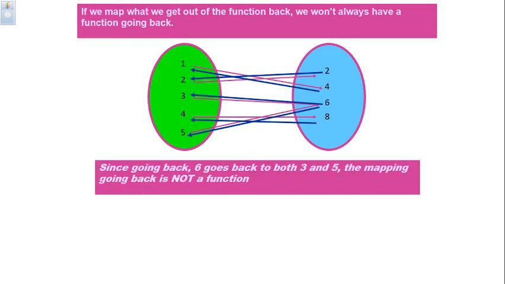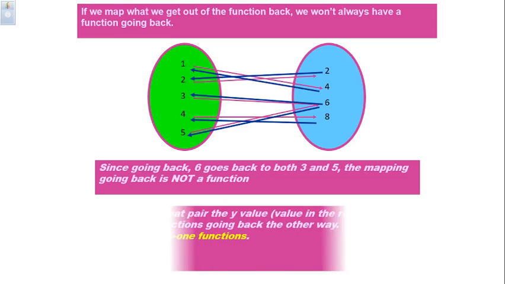So as you see, this inverse is not a function. Even though the original mapping was a function, the inverse of that function is not a function. So not all functions have inverses that are functions.